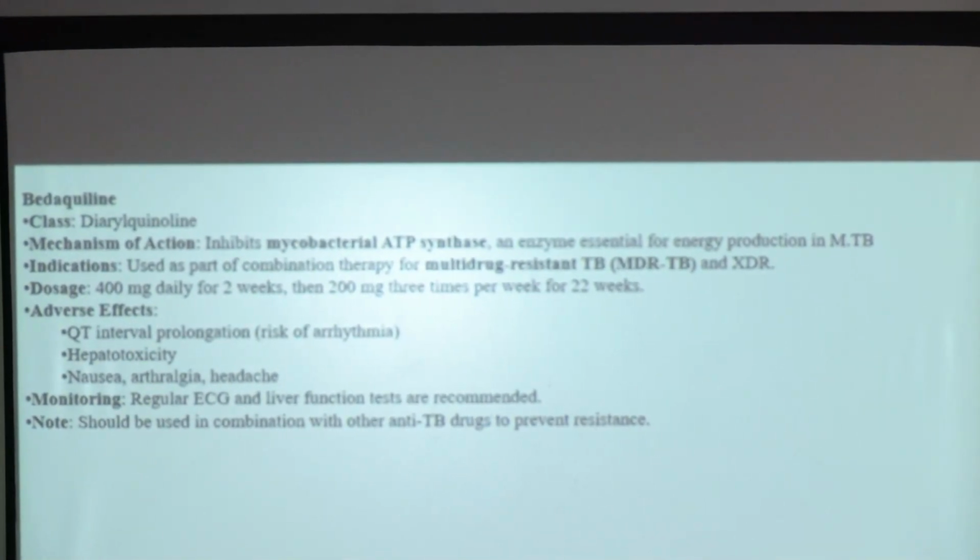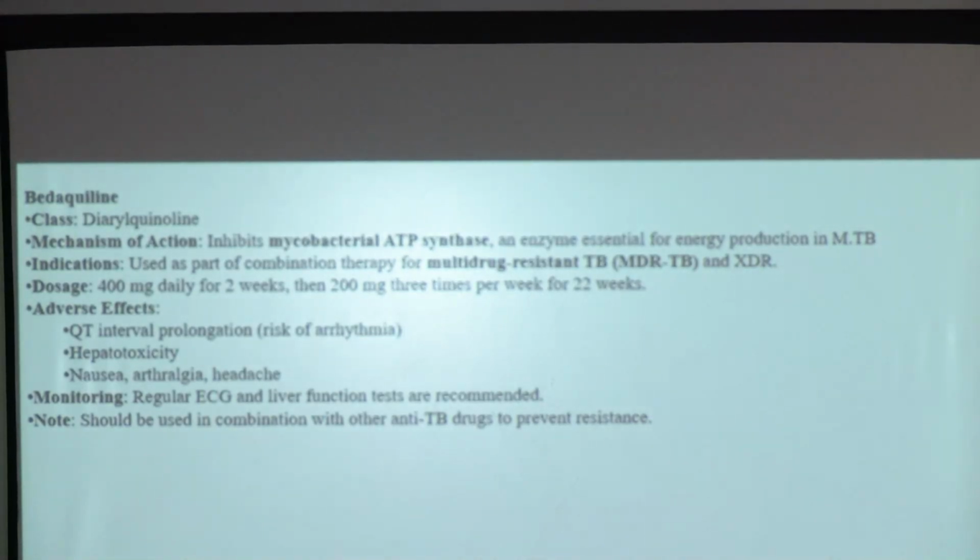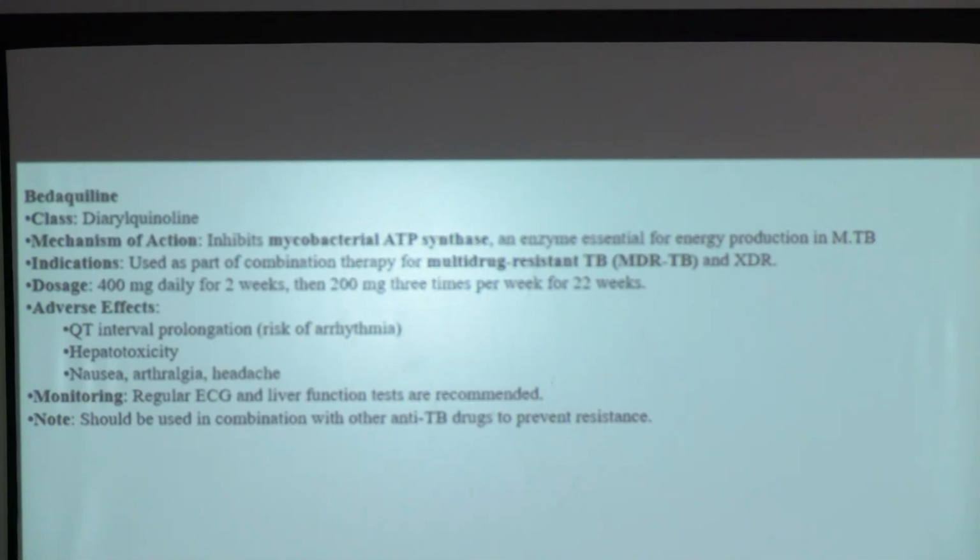Which class of drug? Class A drug. All of the MDR-TB regimen must contain bedaquiline because it is one of the most active drugs in treating DR tuberculosis, okay? So the adverse drug reaction which is most commonly encountered is QT prolongation.